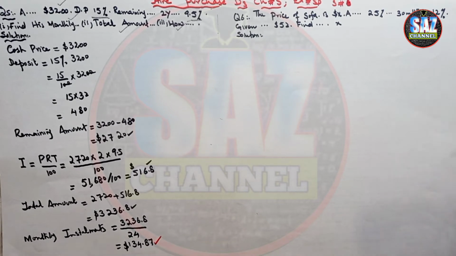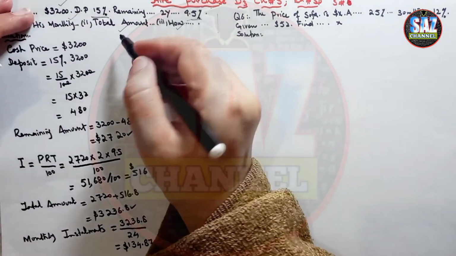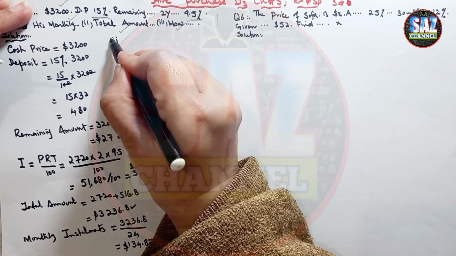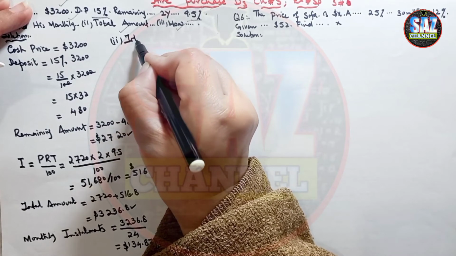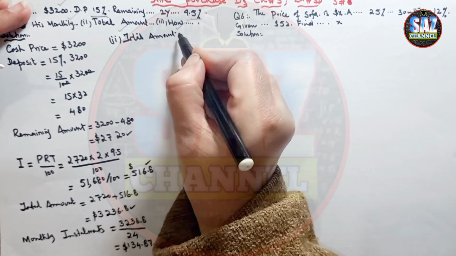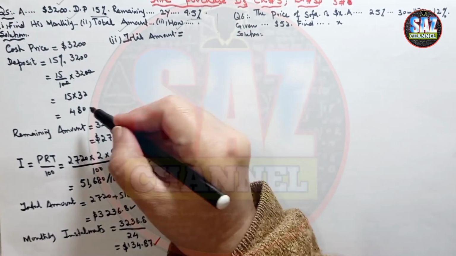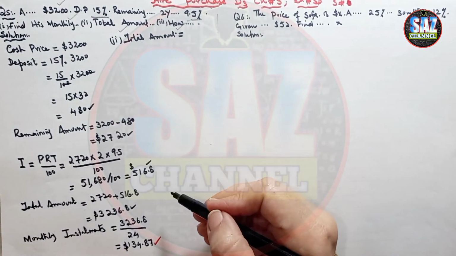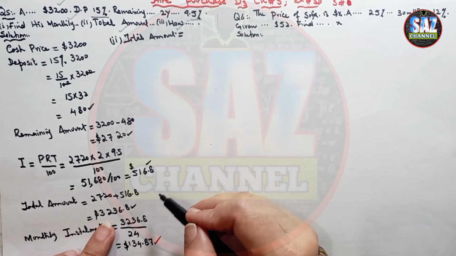Now let's move to the second part of the question, the total amount that the man pays for the computer. The total amount that the man pays will be equal to the down payment plus the amount that he is paying with interest.